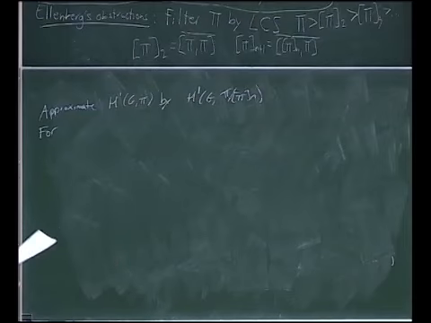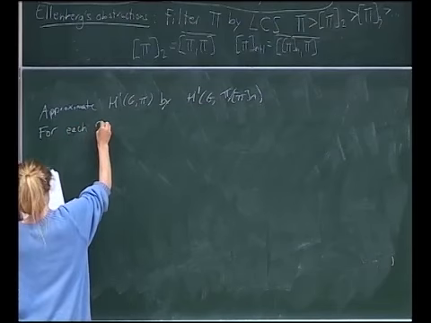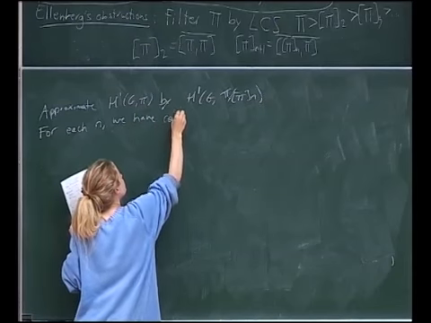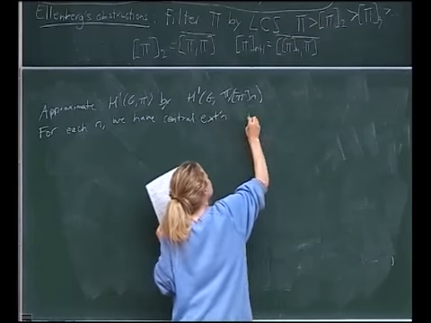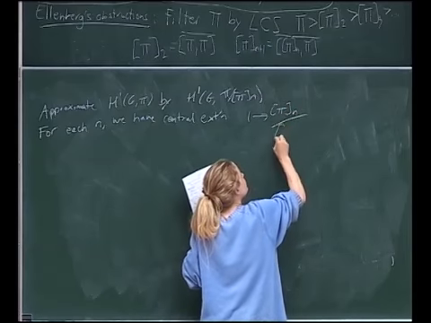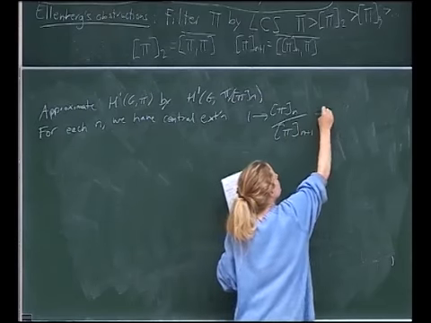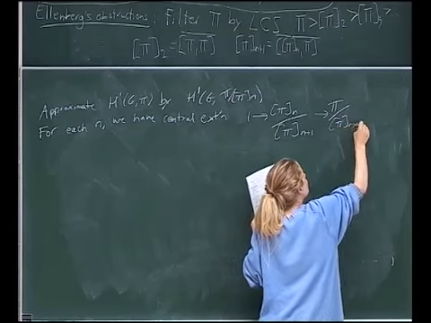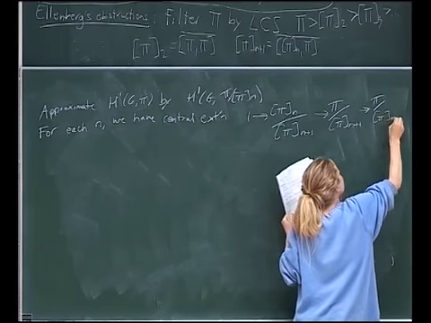And for each n, we have a central extension giving the difference between the nth approximation and the n plus first, and that's the boundary map, Ellenberg's obstruction. So for each n, we have a central extension giving the difference between the two different terms of the lower central series.